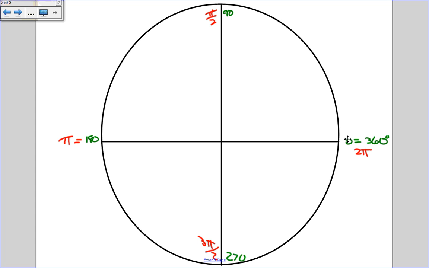Now, there's one other thing that's important here. The decimals. What do I know pi to be? 3.14. So what's going to be pi over 2? Well, that's going to be half of that, 1.57. So 3.14 plus 1.57 is?